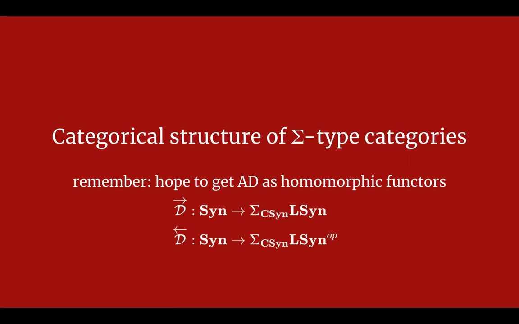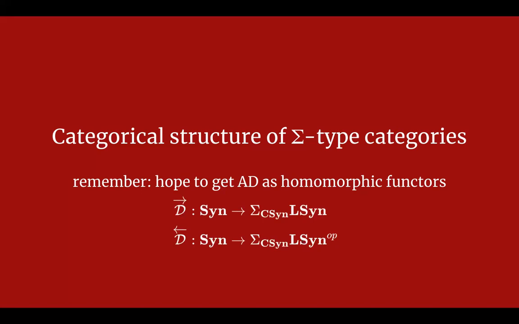So in the automatic differentiation literature, people call this the primal computation, and then a linear computation that is executed afterwards that propagates the derivatives forwards, so the tangent values forwards in the case of forward AD, or propagates the cotangents in reverse in the case of reverse AD. And this reversal happens because we are taking the opposite category of the linear fragment before taking the sigma type in the case of reverse AD.